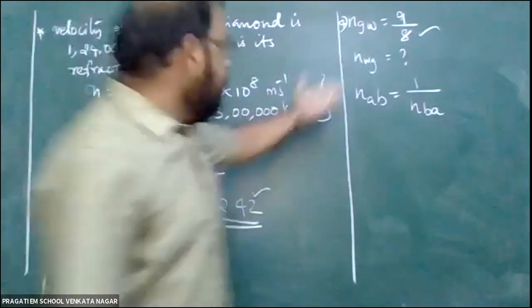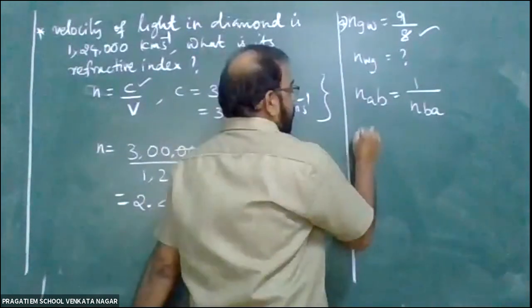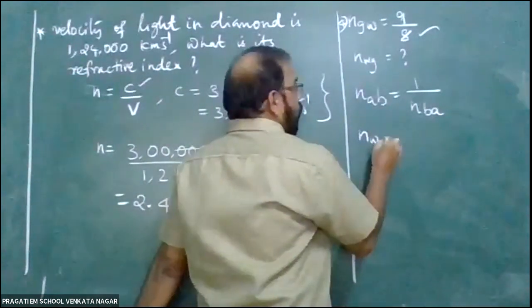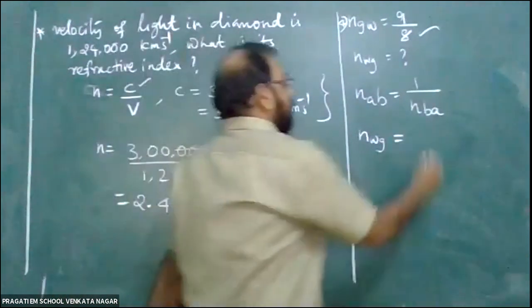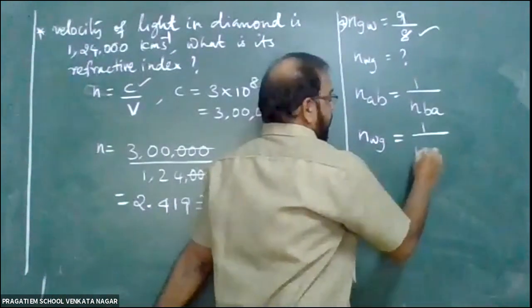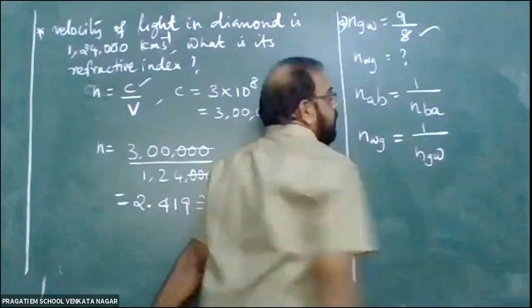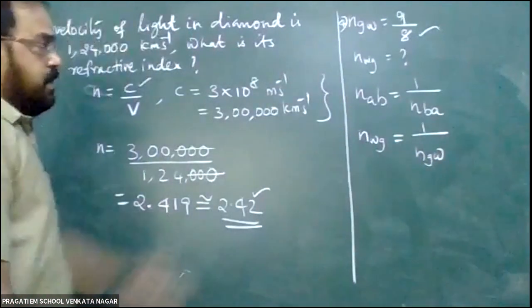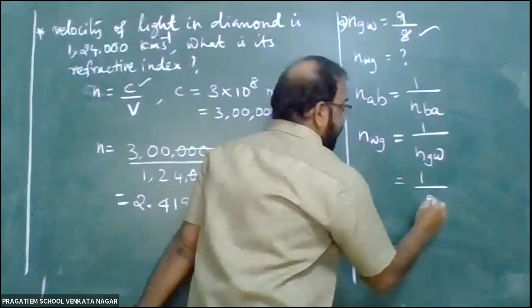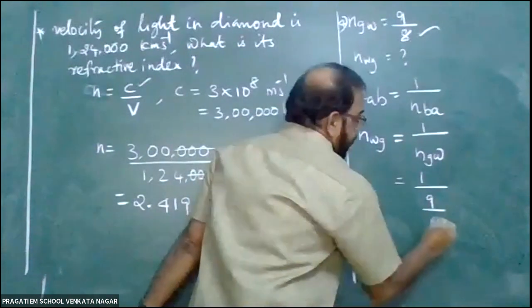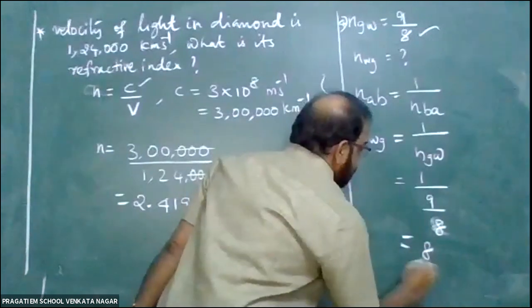Here we want the refractive index of water with respect to glass, which is the reciprocal of N G W, that is given. So the answer is 1/(9/8), the reciprocal of 9/8, which is 8/9.